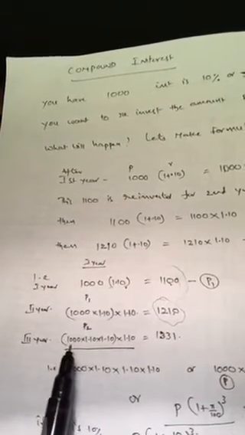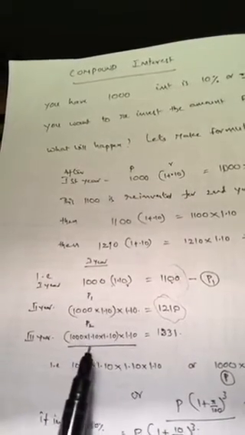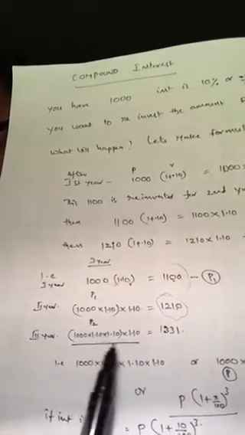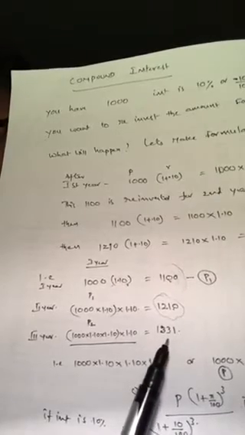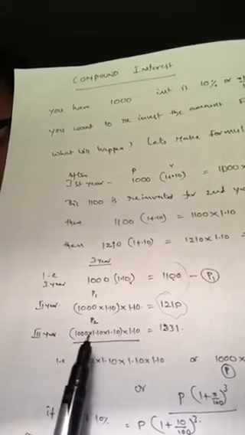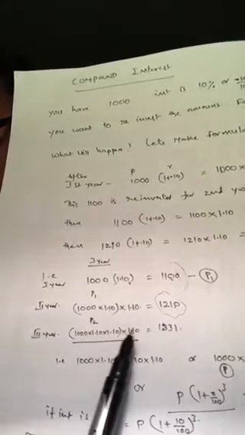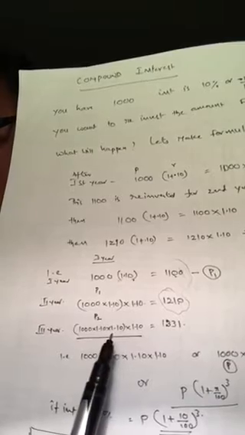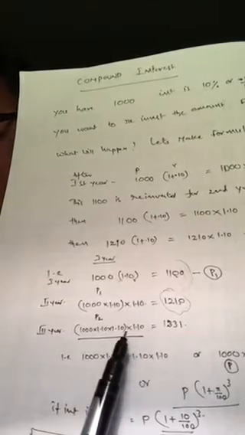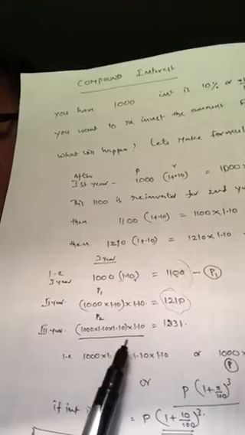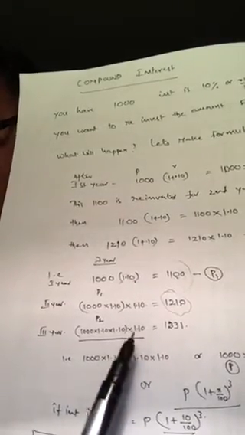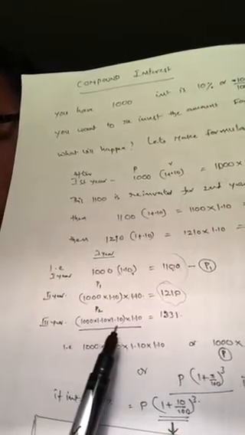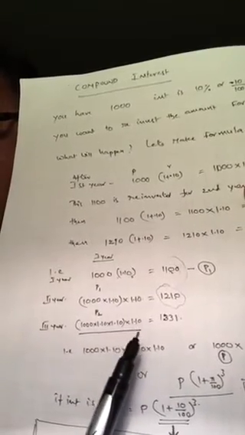The principal amount 1000 is multiplied by 1.10 three times to arrive at 1331. This 1.10 three times multiplication can be represented as 1.10 into 1.10 into 1.10. That means 1.10 to the power of 3, whole cube. So it can also be represented as 1000 into 1.10 whole cube.